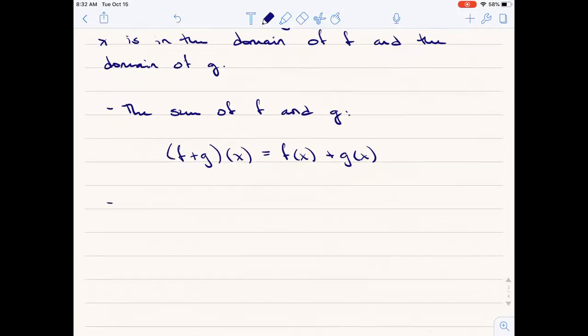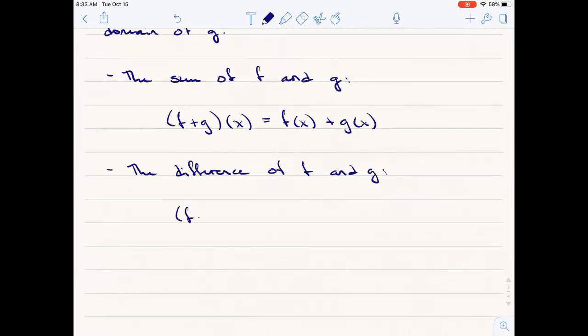Same idea, the difference of f and g, we can say that that's f minus g of x, which again is just going to be f of x minus g of x. No surprises there. In fact, there won't be any surprises, right? We just need to establish these things.